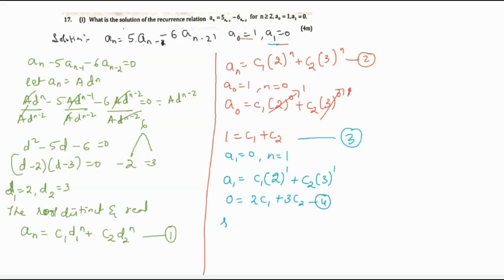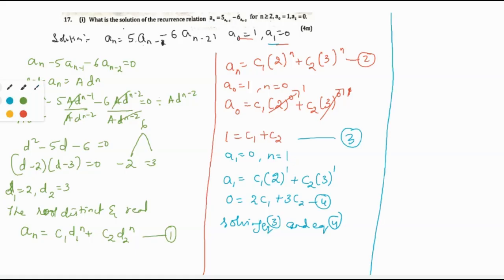Solving equation 3 and equation 4, we get c1 plus c2 equals 1 and 2c1 plus 3c2 equals 0. We can use the substitution method or the elimination method.